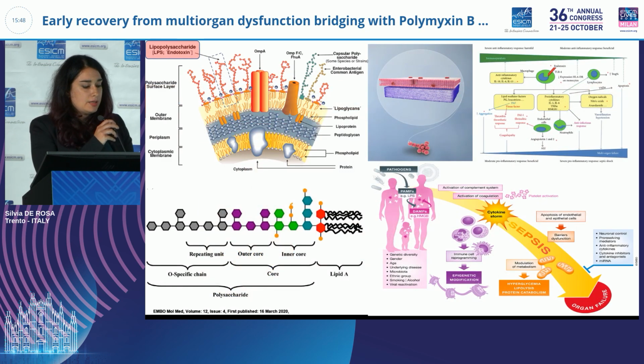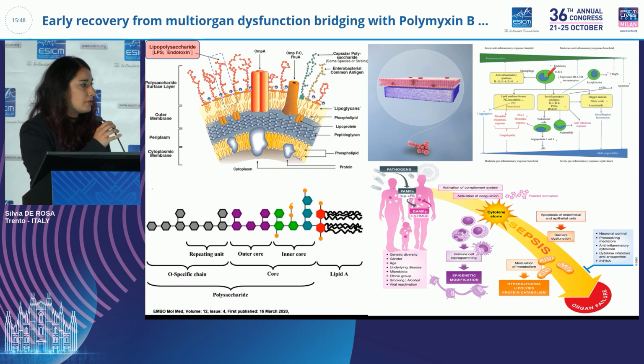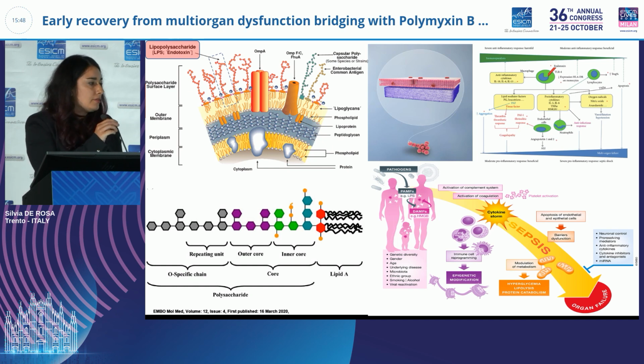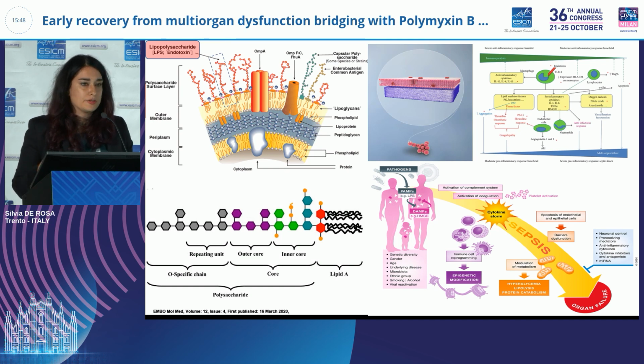But LPS, as we can see here in the figure, is composed of polysaccharide, that is the hydrophilic part, and the lipophilic part is represented by lipid A, and lipid A is the virulent part, and can be different by microorganism.